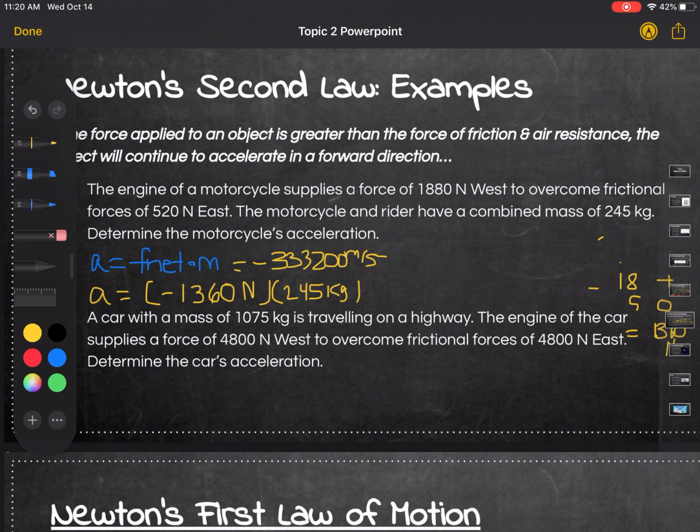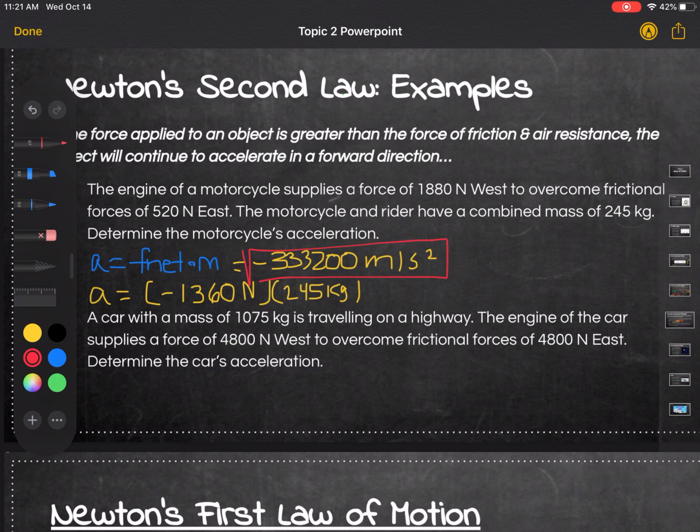Well, I guess hopefully you've already got this stuff written down, but I just want to give enough space for this answer. So 333,200, and that is in meters per second squared. Okay? So let's put a box around that. And that is our answer to that question.